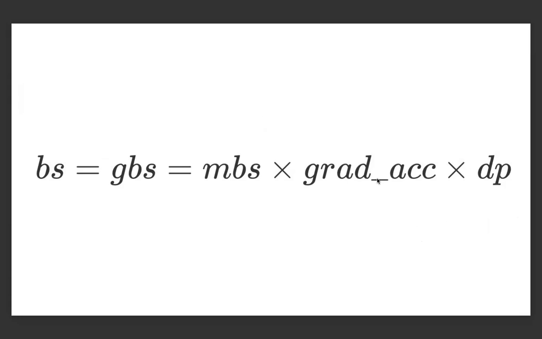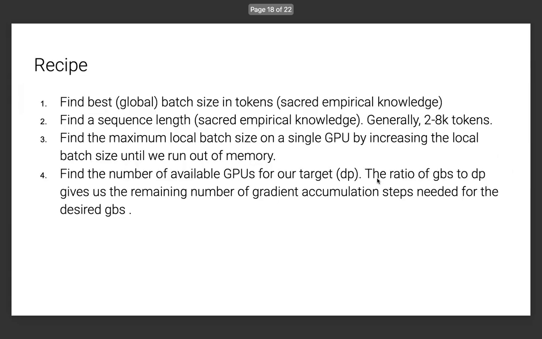And the equation is: mini batch size, the stuff that gets onto each one of the GPUs, multiplied by the number of gradient accumulation steps, and multiplied by the data parallelism number, which is the number of our GPUs.